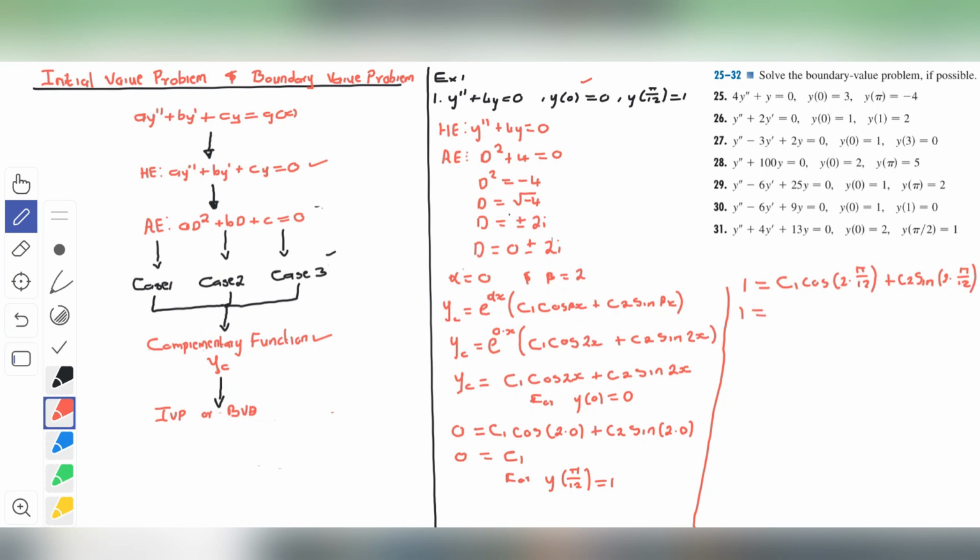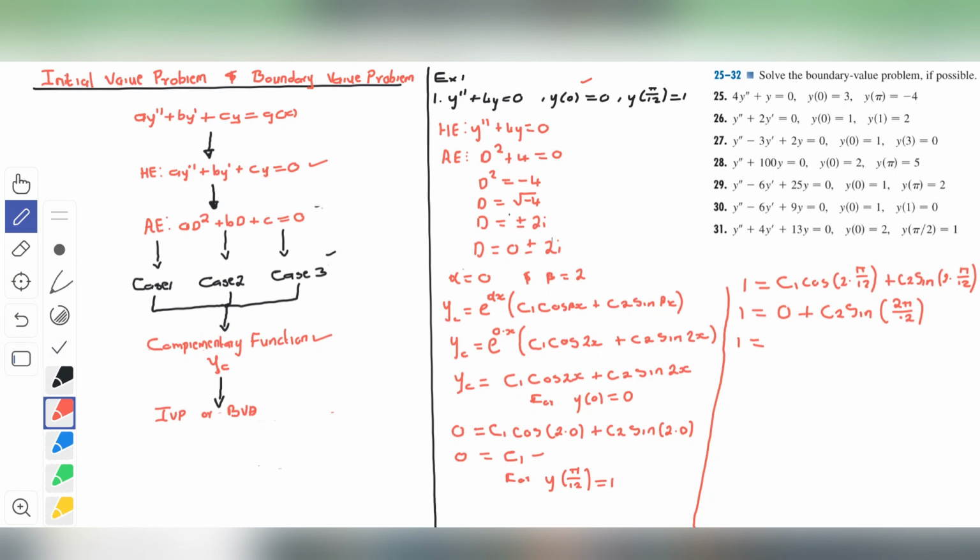But we know that C1 is equal to 0. So C1 multiplied by cosine of 2 multiplied by pi over 12 is going to give us 0. Can you guys see it? Because the C1 here is 0, we'll be left with C2 sine of 2 pi over 12.